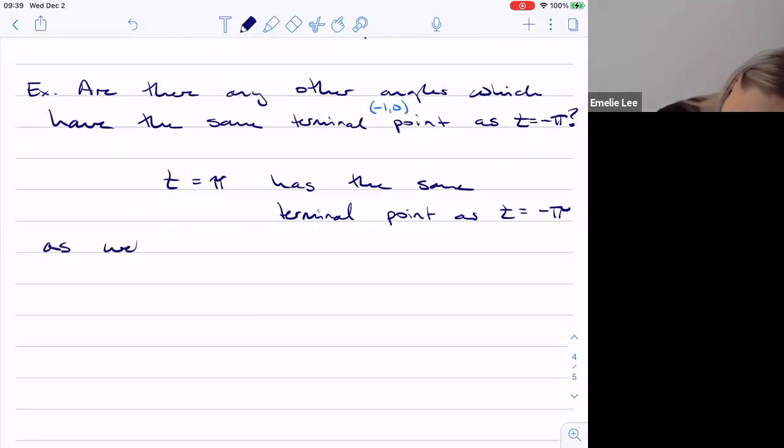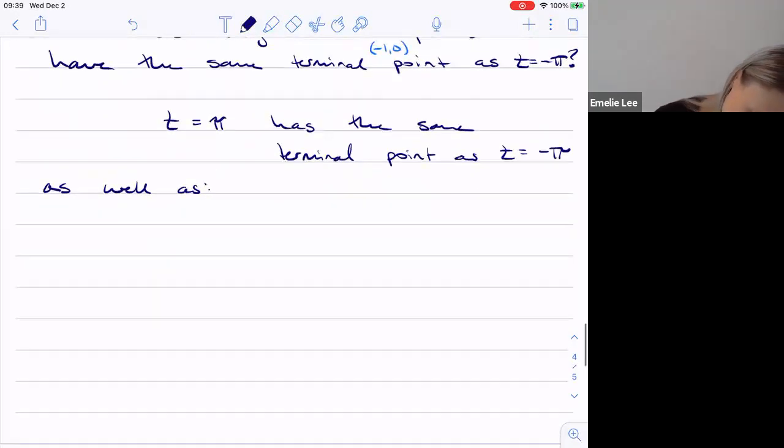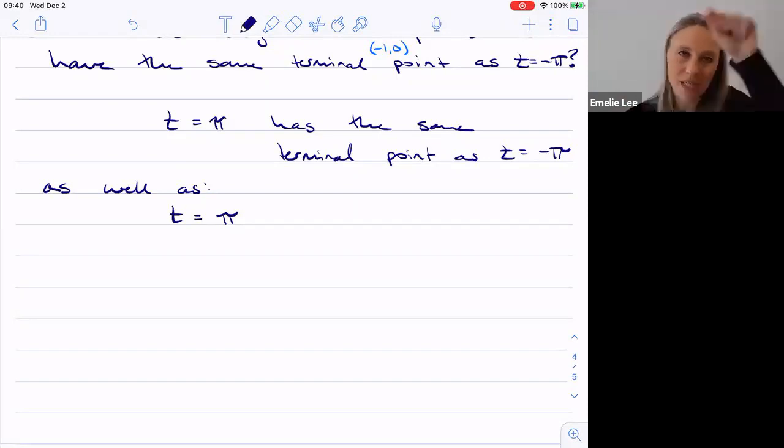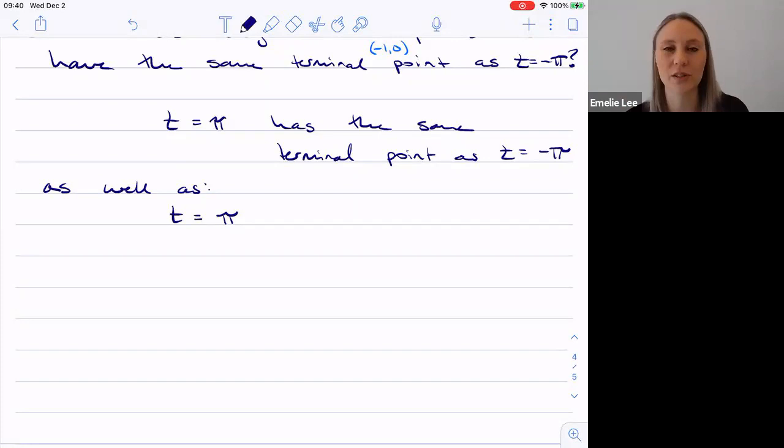As well as an angle of pi, let's just use the positive version because it's a little bit easier to deal with, plus some multiple of 2 pi. And we're allowing for any multiple of 2 pi as long as we're moving a full 2 pi. I can move 14 2 pi's, 14 trips around the circle, but I would still end up at the same terminal point.